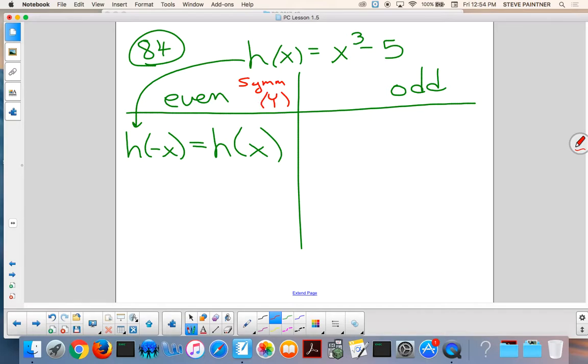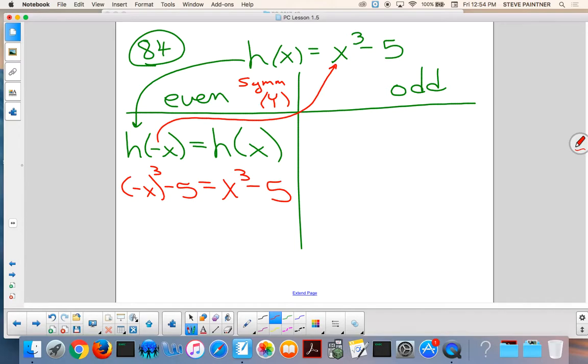Okay, so here we go. H of negative x. Ready? Put it in. It would read negative x cubed minus 5 equals h of x. Well, h of x is x cubed minus 5. Okay. Is the left side equal to the right side? Well, you got it simplified.